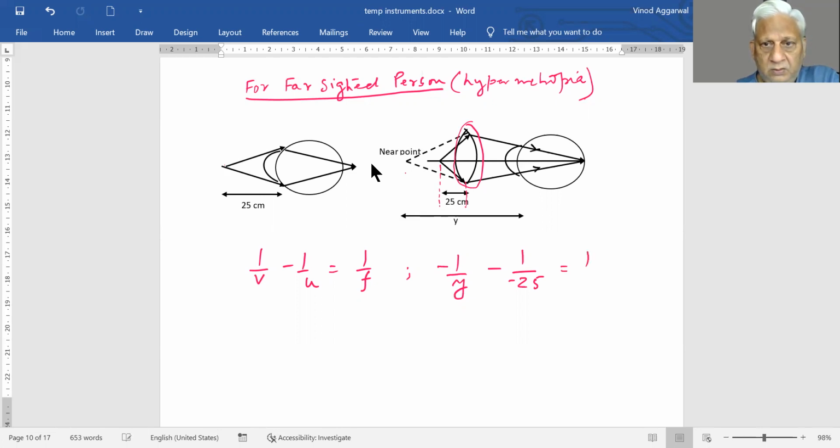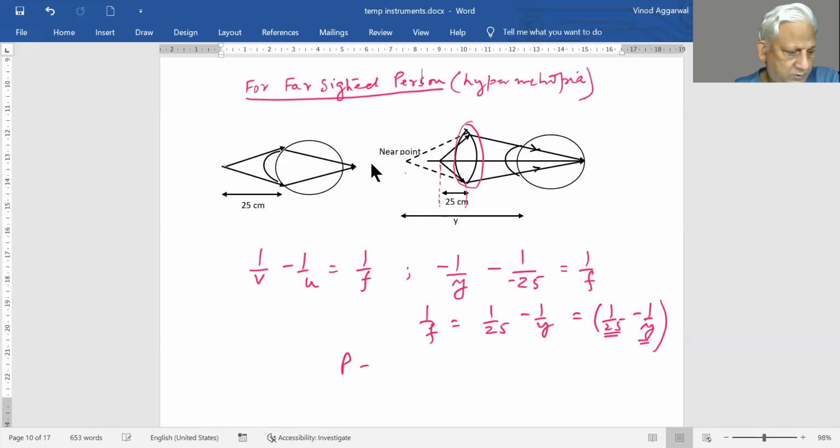This is equal to 1 by f. Mind it, this is 25 centimeters. If you want to convert it to power, then you have to take all the distances in meters.